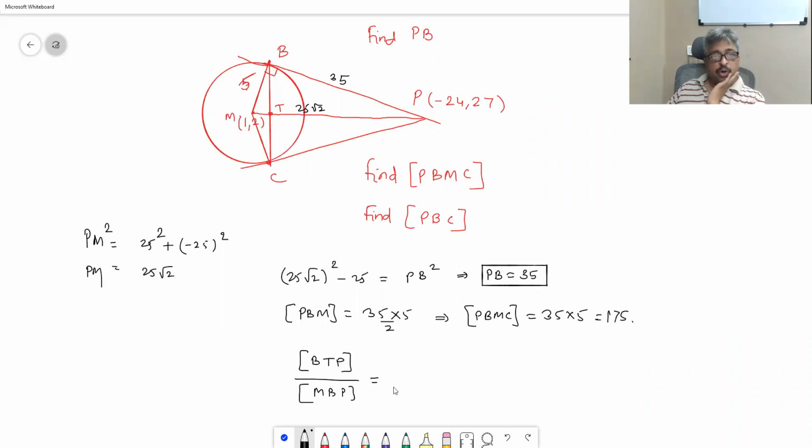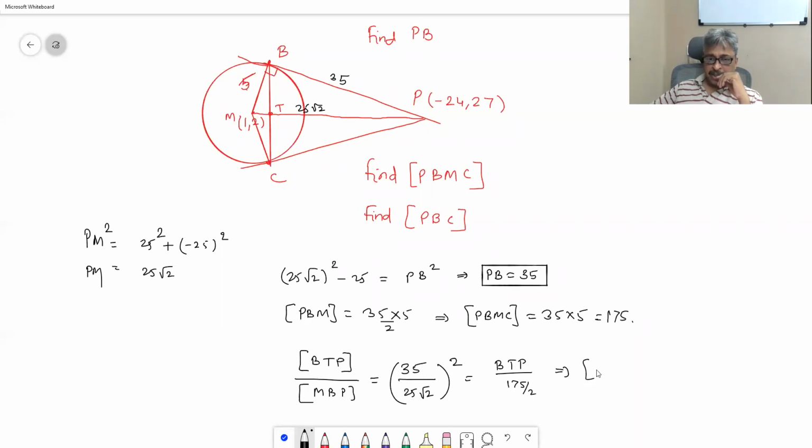What is the ratio of these two similar triangles of their corresponding sides? The smaller triangle has hypotenuse 35 and the bigger triangle has hypotenuse 25 root 2, square is equal to, so BTP upon, and we have found out PBM is 175 upon 2.